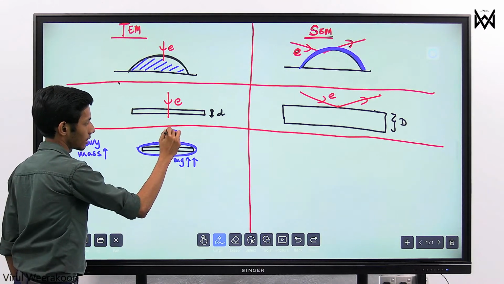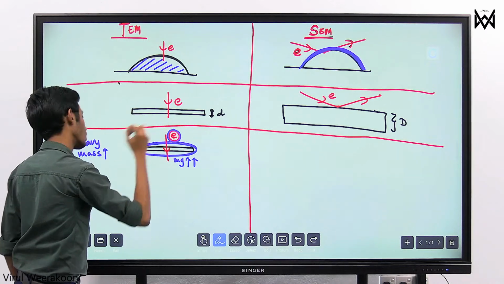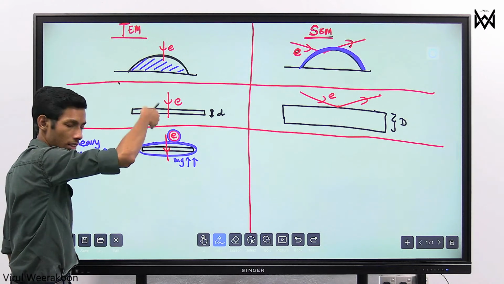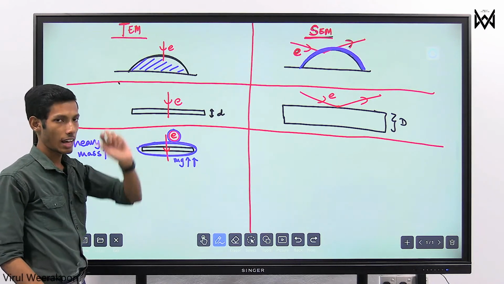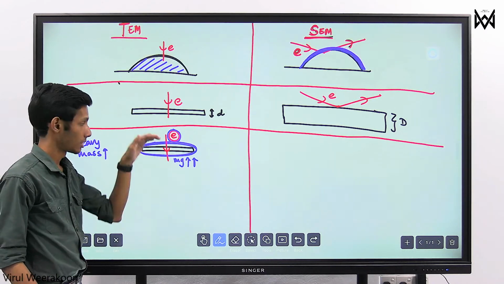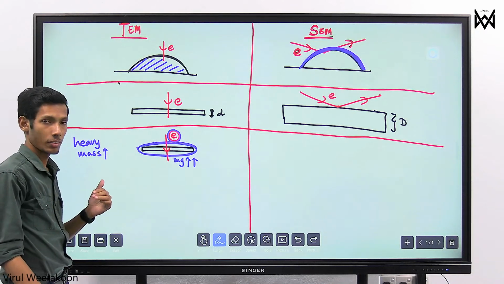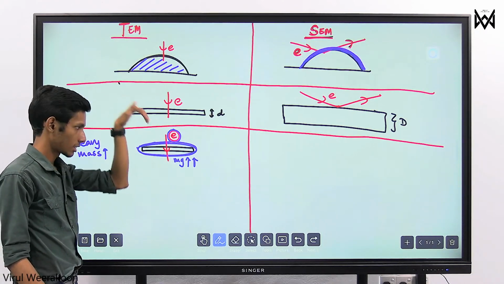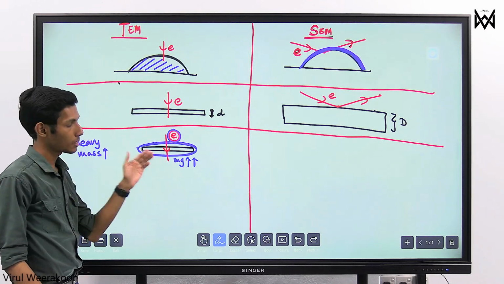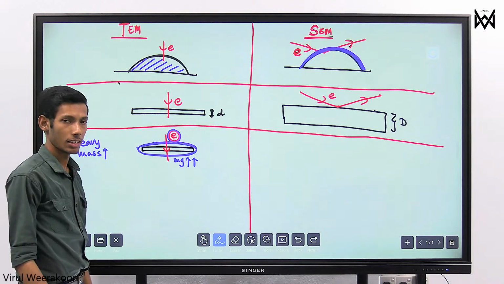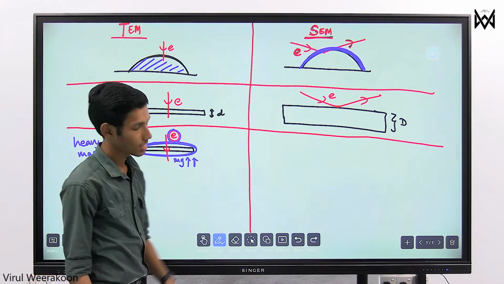Then electrons get covered with those heavy metals, and they will freely go through, in addition to the support given by the thin arrangement of the specimen. Electrons will move through this thin specimen because the mg is much higher. It is a kind of additional support, right?